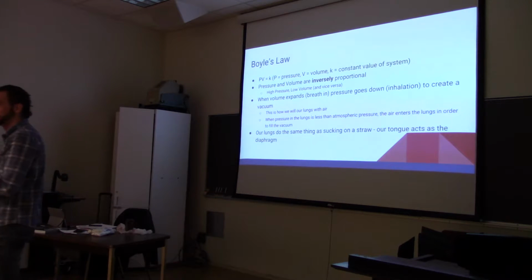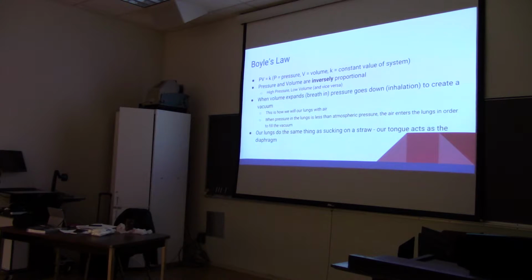So if we had our lungs, what is this part? Your diaphragm. Well done. So if I take my diaphragm and I flex it, pull it down, I decrease the pressure, increase the volume, and so air goes in, right?